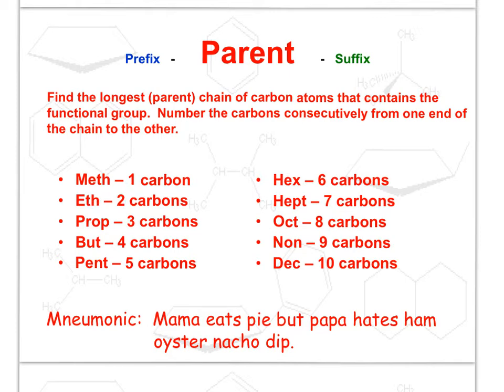Anyway, eth is two, like I said. Three is prop. We talked about prop a lot in the last video, where we showed propane, propene, propyne, propanol, and so on. But is four. So those first four are a little bit hard. There is a mnemonic, but I don't think it's useful. It's kind of hard to remember the mnemonic. It's easier to remember just those, so I wouldn't use it.